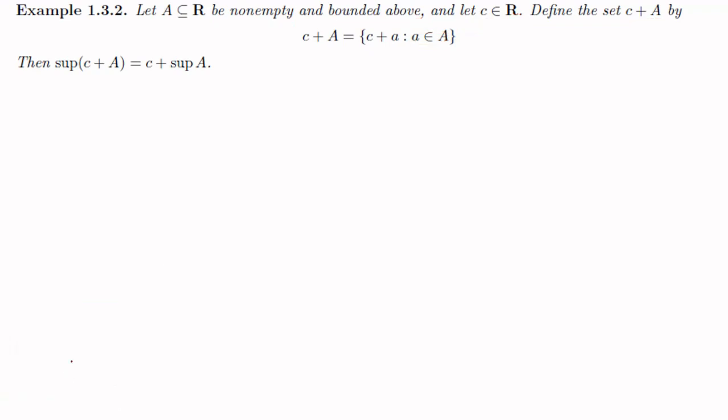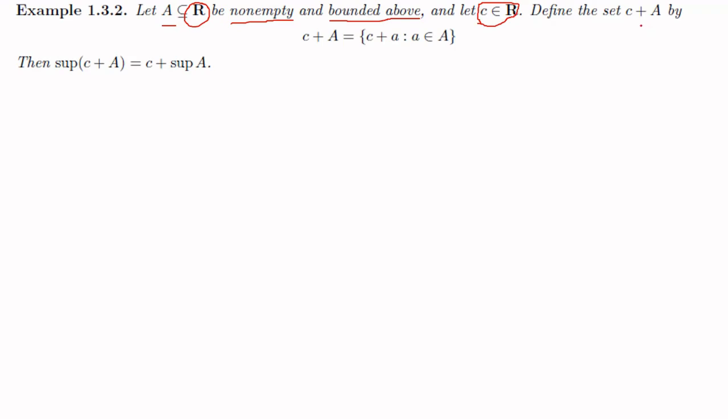Now let's see what is given in the example in detail. So you are given that A is a non-empty subset of the set of real numbers which is bounded above. And C is any real number. C element of R means C is any real number.